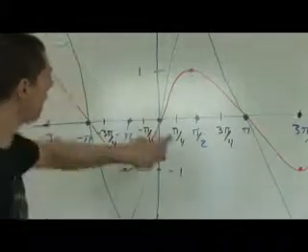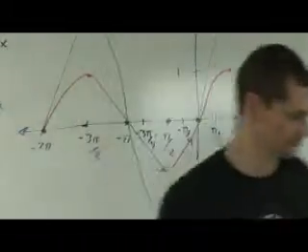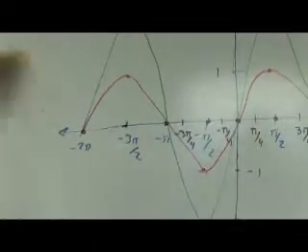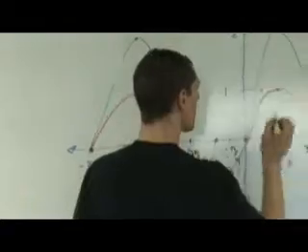Because now at pi over 4, let me get some erasing action going here. At pi over 4, the sine of 2 times pi over 4 is the sine of pi over 2. This is 1. So this becomes 1, which is right here.